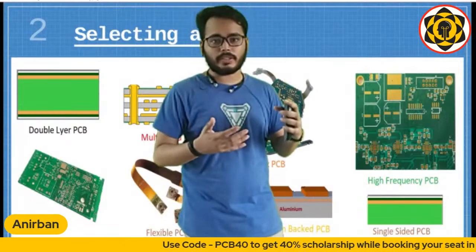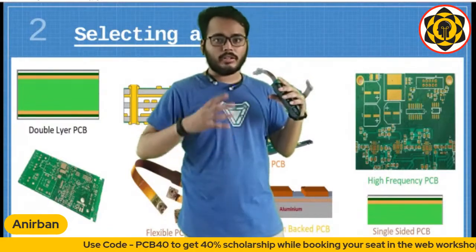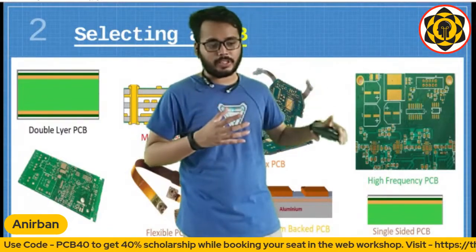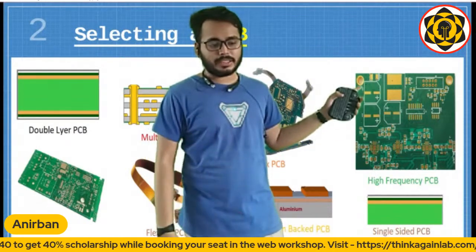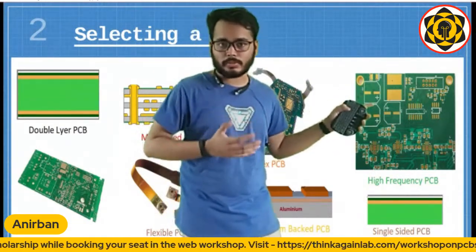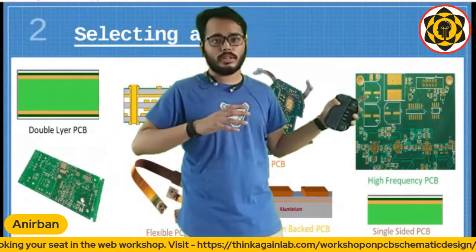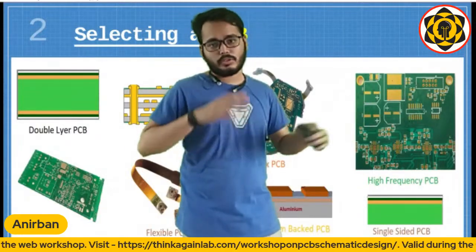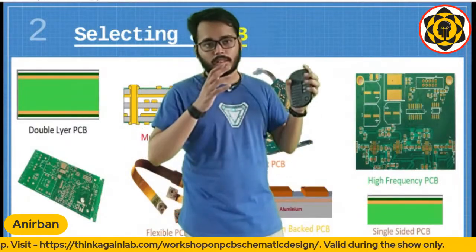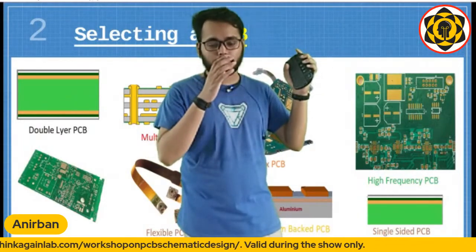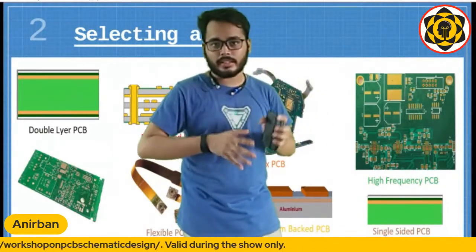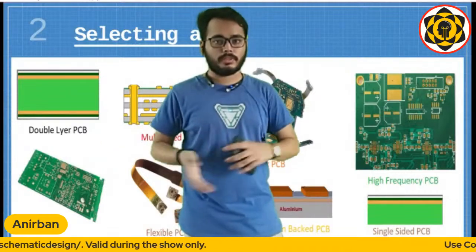So for that purpose, you have special materials to build the PCB for this kind of application. High frequency PCBs tend to be costlier than normal PCBs, but the quality also outshines the normal PCB. So as I already told you guys, you choose the process, you choose the material depending on the situation you have.